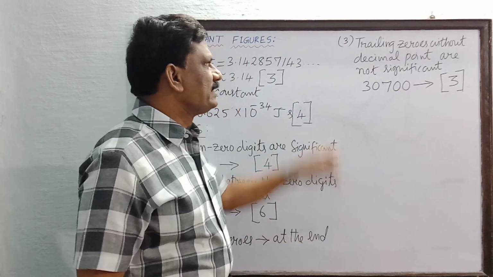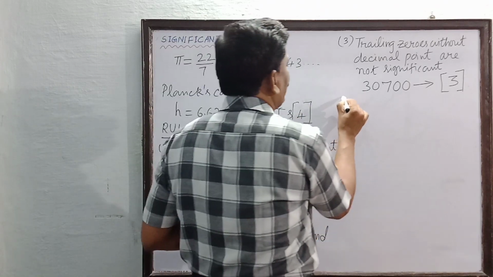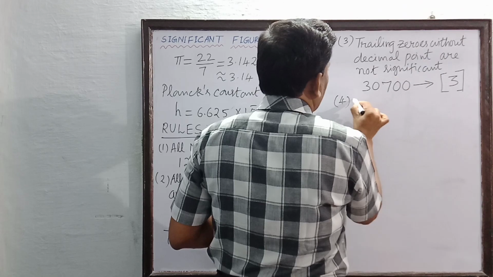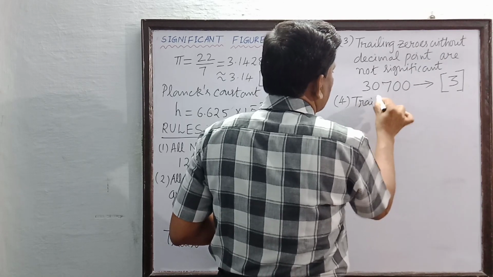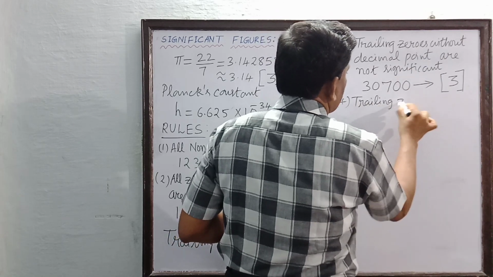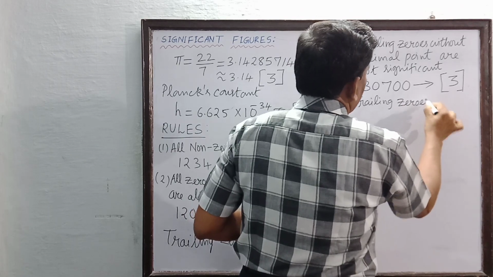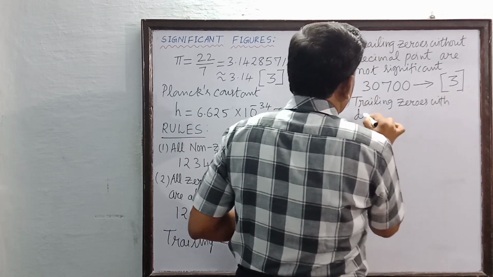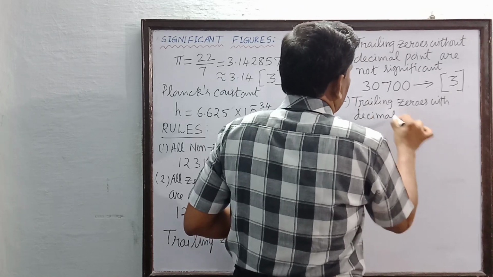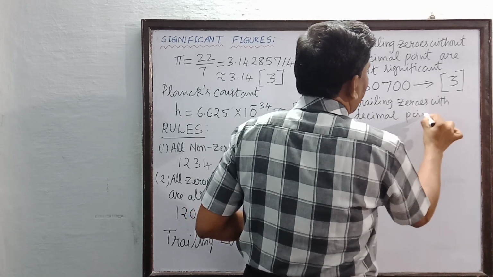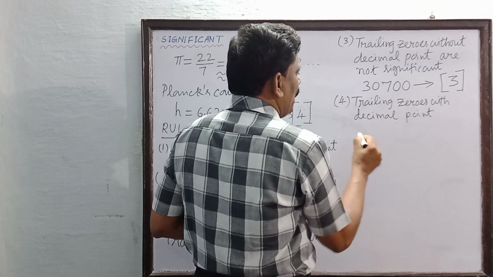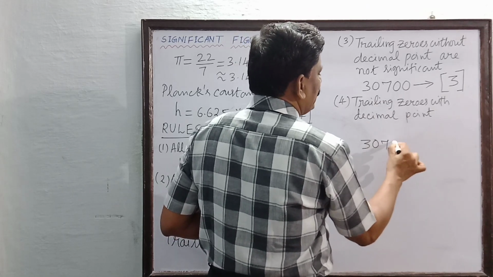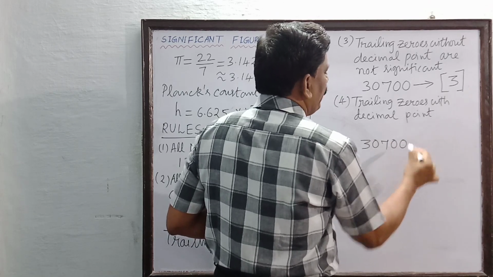Okay. Now the same case I am going to consider in a different way. These trailing zeros with decimal point. That is the next rule. Trailing zeros with the decimal point. So I can take the decimal point anywhere, but I will write this 3, 0, 7, 0, 0 point.